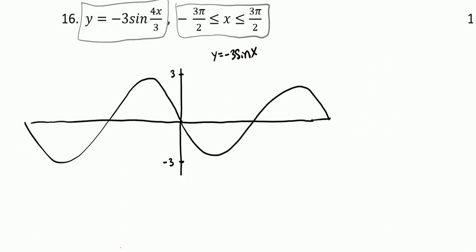For the standard -3 sine x, we know it starts at 0, and on the x-axis we have pi over 2 for the minimum. Pi, it crosses at 0 again, max at 3 pi over 2, and 2 pi for a full period.